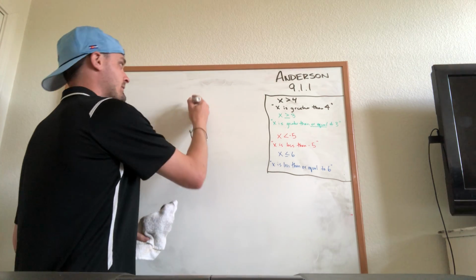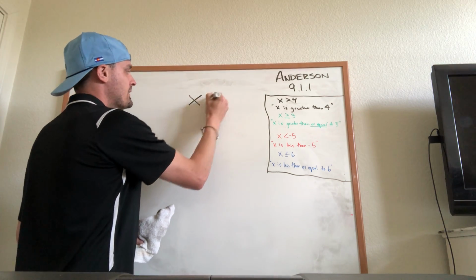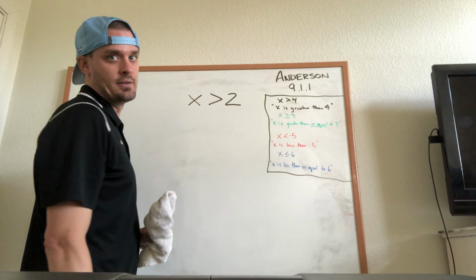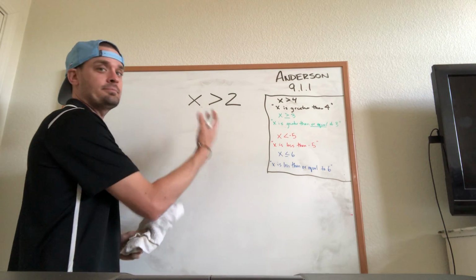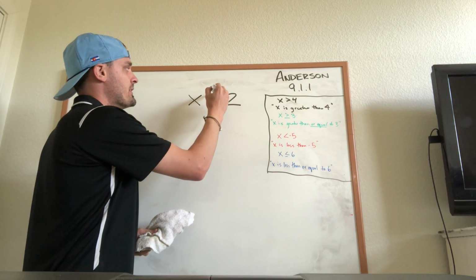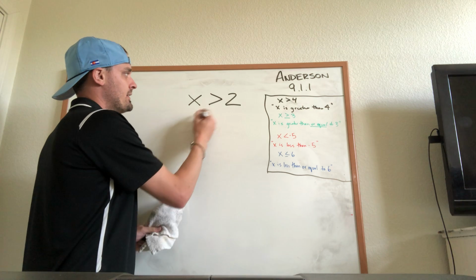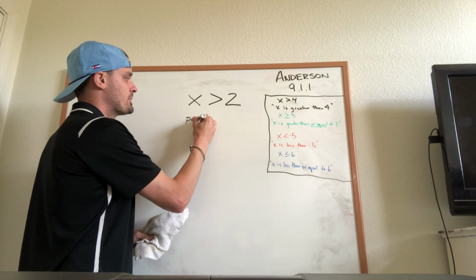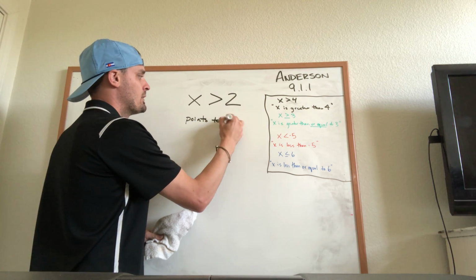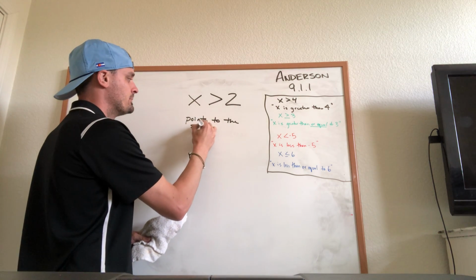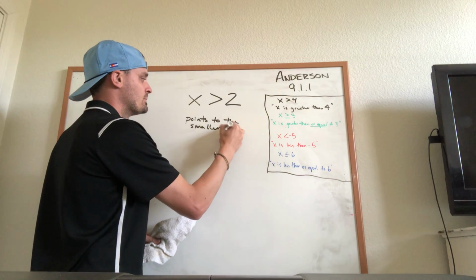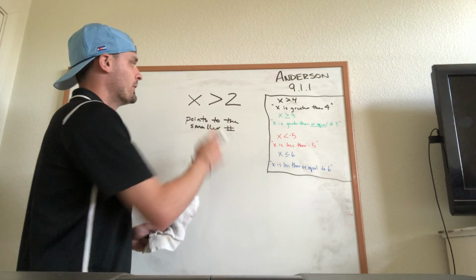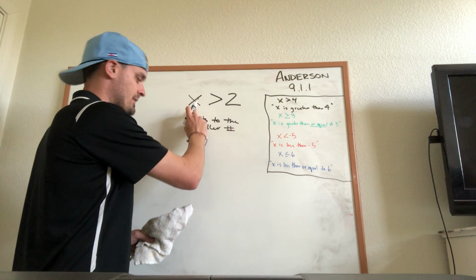So the thing I learned when I was a kid: x is greater than 2, and the way you can think about it is this symbol points to the smaller number. In this case it's pointing to 2, so that's the smaller number. X would have to be bigger than that.